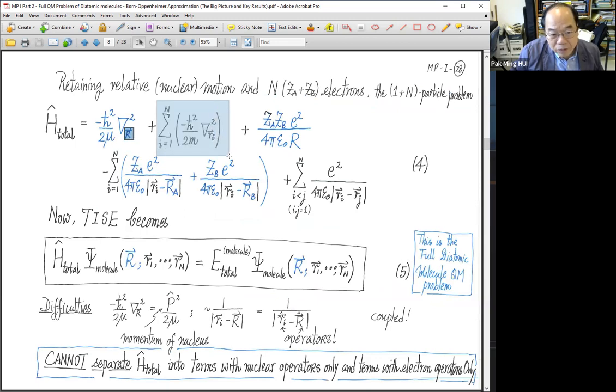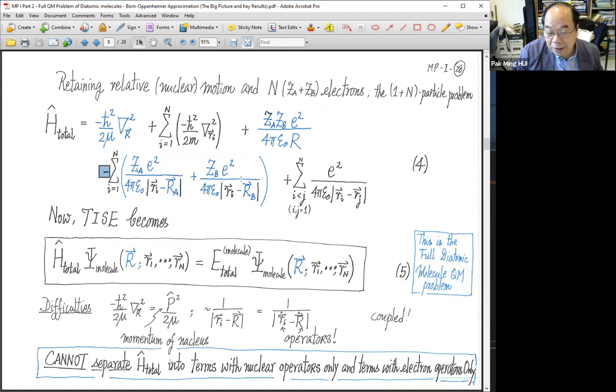There are a number of electrons, each has a kinetic energy. The two nuclei repel coulombically. So this is the Coulomb repulsive potential energy. Each electron sees nucleus A. It is attractive.